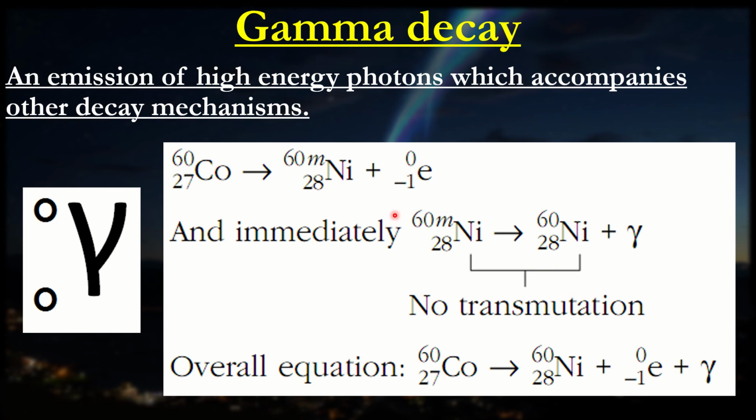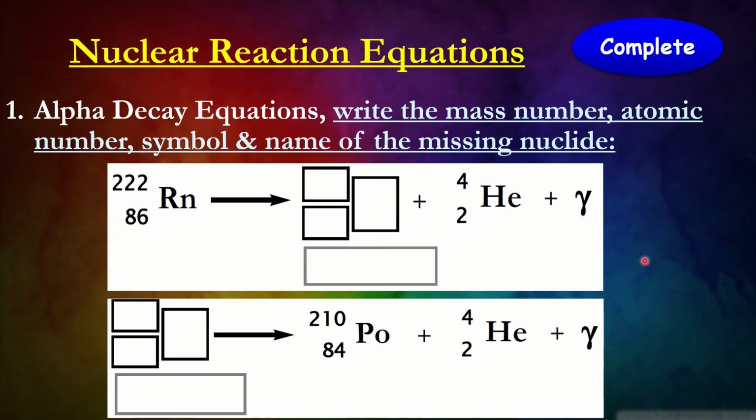So if you have a highly energized nucleus, and the mass to charge ratio is relatively stable, if the nucleus is still too highly energized, it will eject some energy, and that's in the form of gamma radiation there.